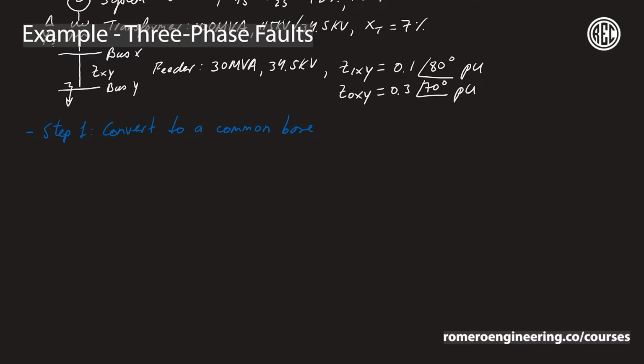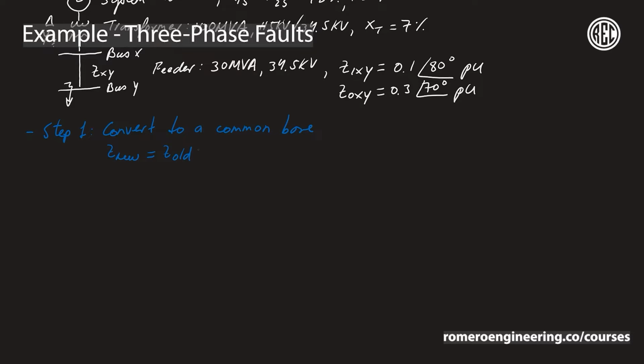Since the system and the transformer are at a base of 100 MVA, I'm going to take that as a reference, and I'm going to convert the feeder impedance, which again is given with a 30 MVA base, to 100 MVA base. We can do that using the following equation. If we want to convert an impedance, Z new is going to be equal to Z old.